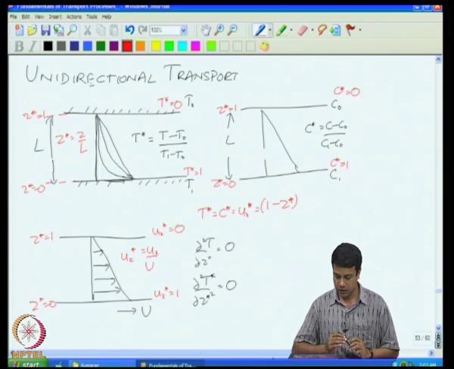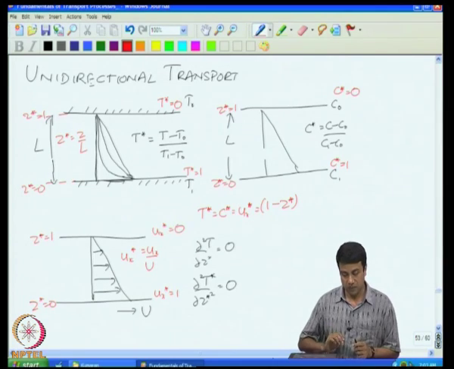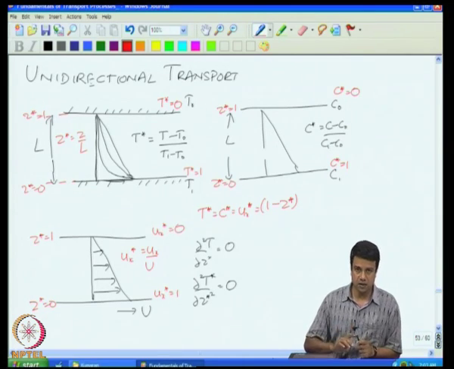And one could work with the form of the differential equation, which is of the form dc by dt is equal to some diffusivity times d squared c by dz squared. And one has to solve that problem subject to the conditions on the two surfaces as well as the conditions at the initial time.